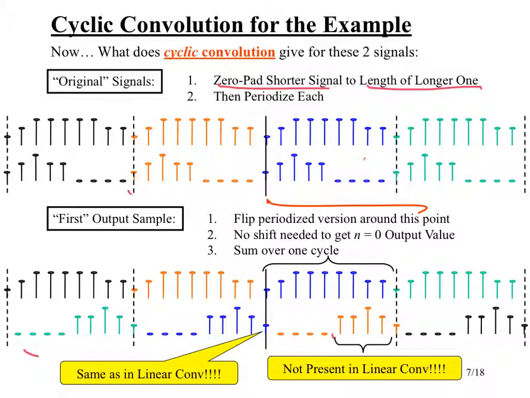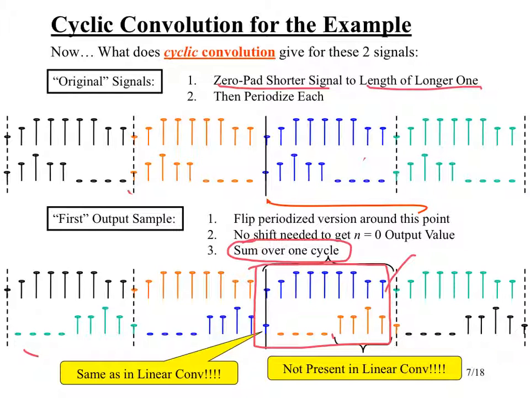But nonetheless, to see another aspect of it, let's imagine we didn't do any shift, so that's our n equal to 0 output. We would form the product and sum over one cycle. That's the rule for doing circular convolution: just sum over one cycle. So we're going to sum up these products.